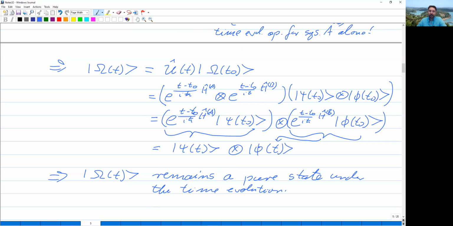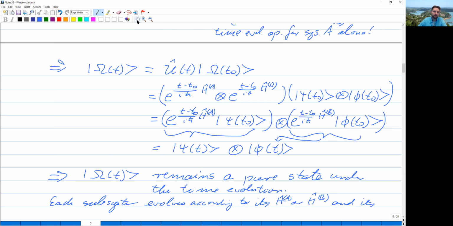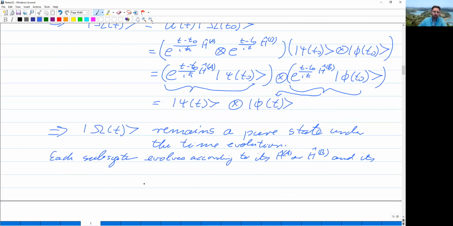And that's something we would have expected. And each subsystem evolves according to its H hat A or H hat B and its Schrödinger equation, unitarily.